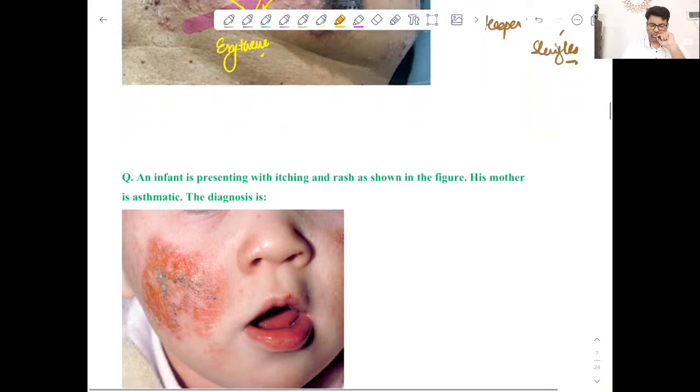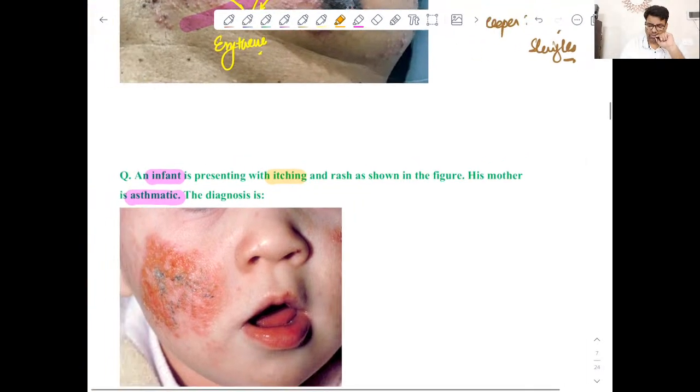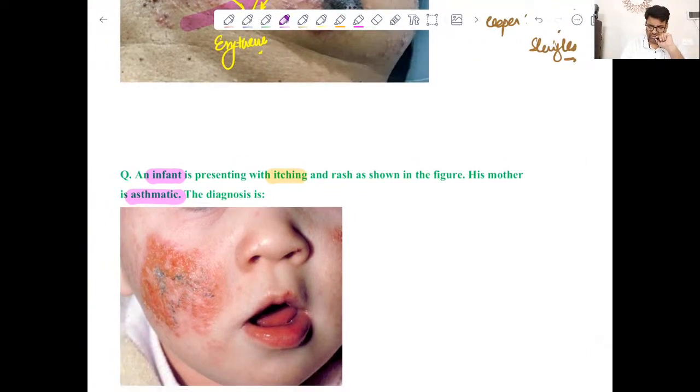Number 1 is an infant, then itching, right? And the mother is asthmatic. And of course, the important thing you can see here is involvement of the face.